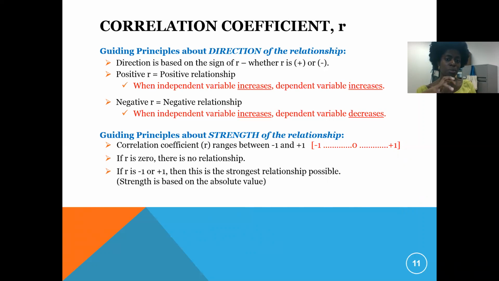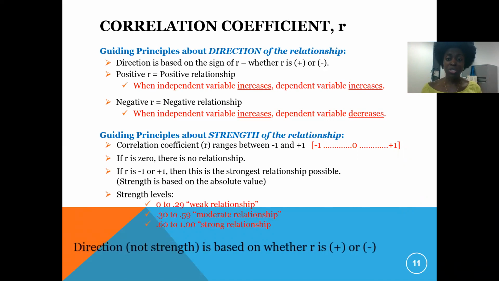So the strength is based on absolute value. While R can be negative or positive, that's direction. But strength is based on the number, whether or not it has a positive or negative sign on it. So the number 0.29 is a weak relationship.